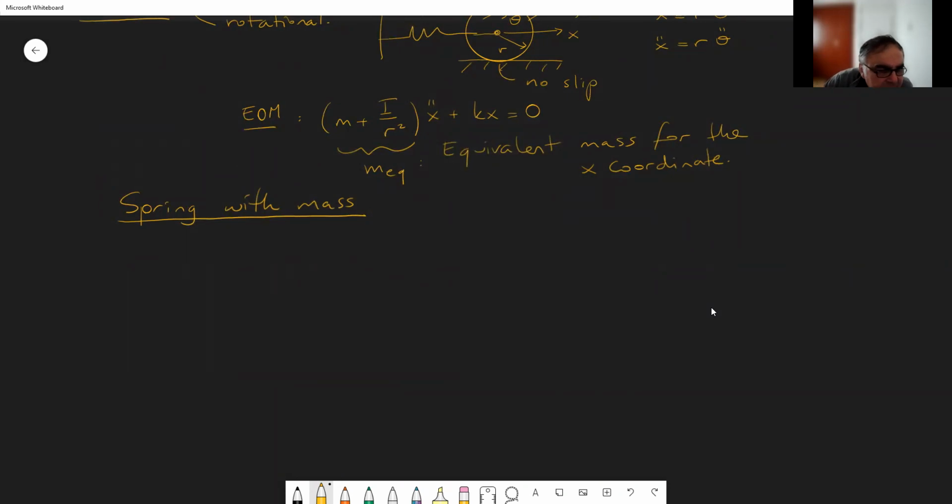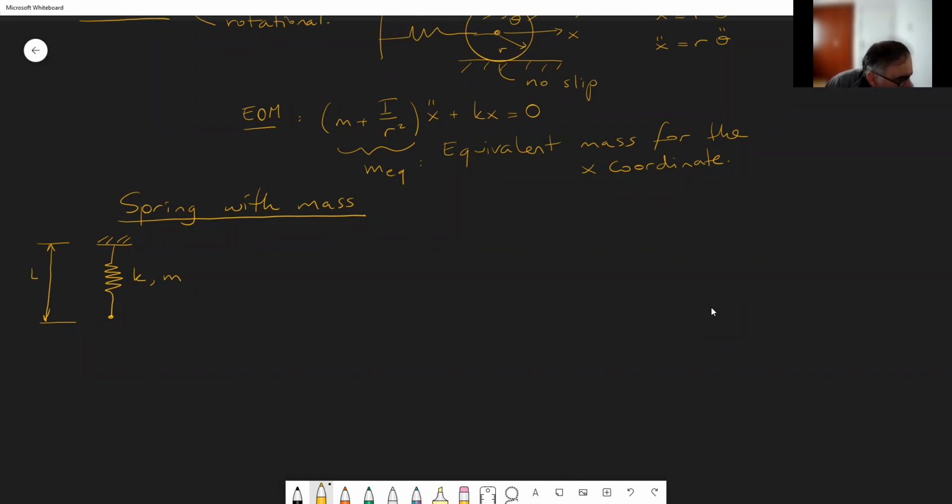Let's say that we have a spring, and it also has a mass of m. Now this is a little bit difficult. Let's say that the spring has a length of L, and we don't have anything on top of it.